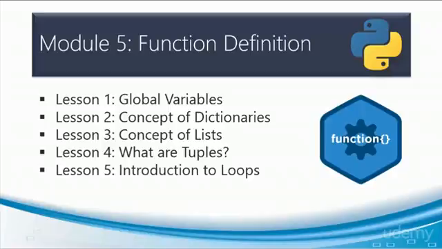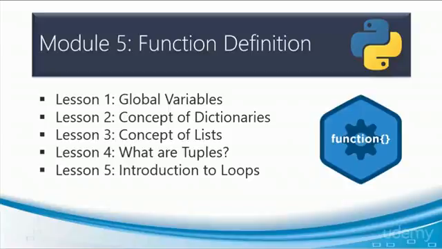Lesson 4 is tuples. These are very similar to lists, in fact they are kind of lists. The only difference is that you cannot change a tuple unless you change it back to a list and then create a tuple again. I'll explain later, once we get into these lessons, what the purpose is and why we use these.